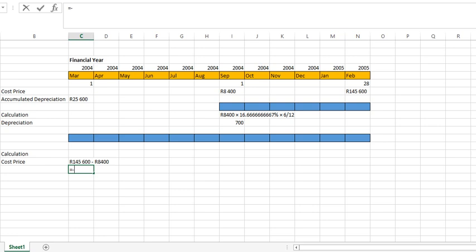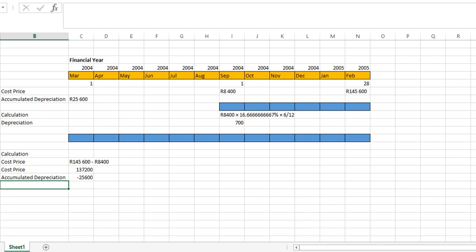So then our cost price equals 137,200. Our accumulated depreciation on this cost price as per the beginning of the year is 25,600. Let's put it in brackets to say it's negative.